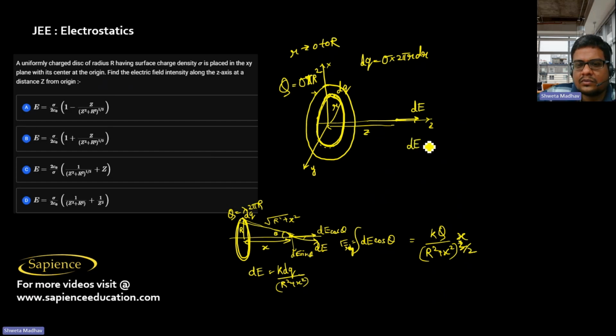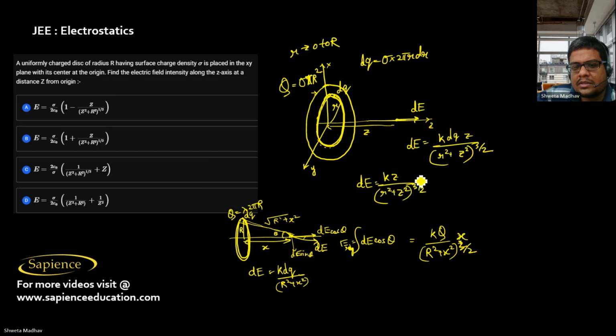So here also the dE due to this ring will be equal to k dq into z by r square plus z square power 3 by 2. Now we have to integrate this throughout the ring. Therefore here dE is equal to kz by r square plus z square power 3 by 2, where dq is sigma into 2 pi r dr. So this r is changing.